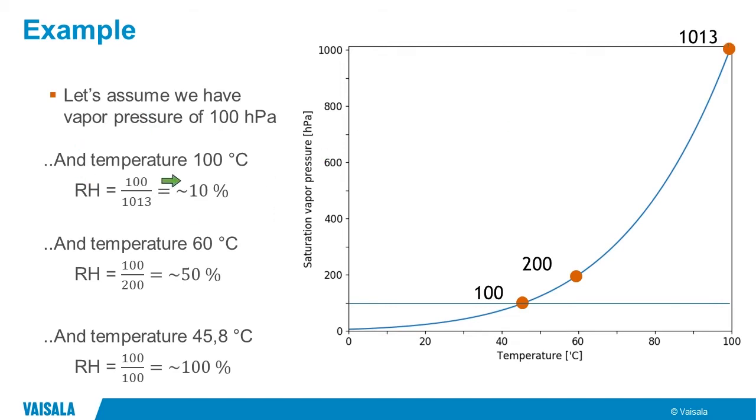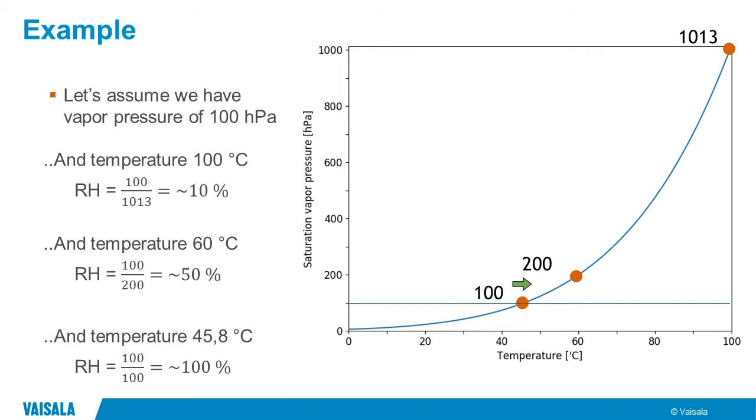And now we do the math and end up with a relative humidity of 10%. Now, if we cool down this same gas and have the same amount of water in there to 60 degrees, that means the saturation value drops from 1000 down to 200. So now the relative humidity value is actually 50%.